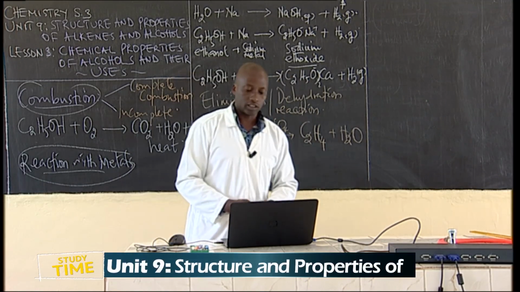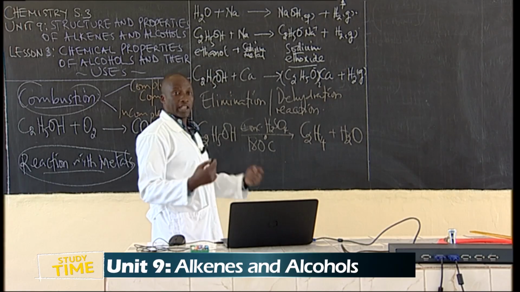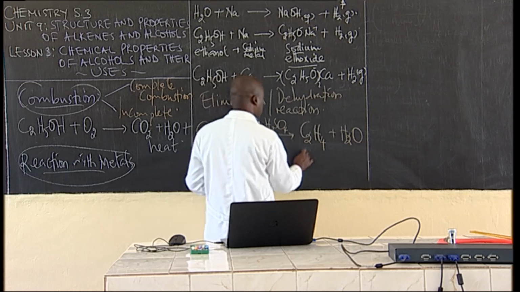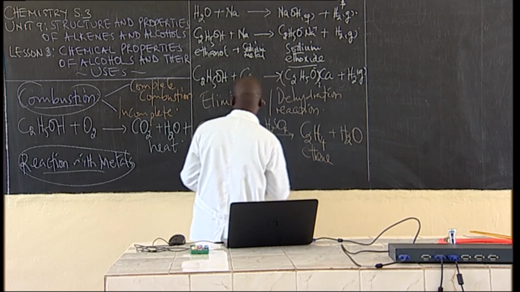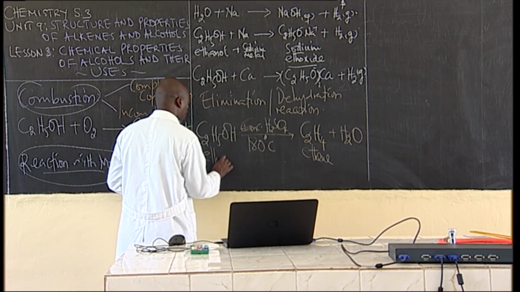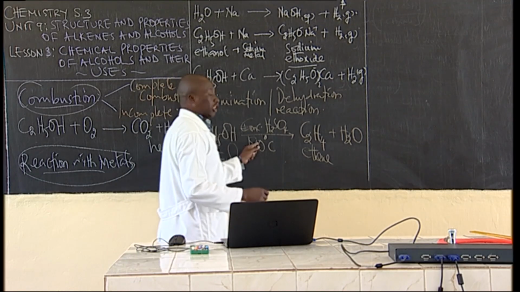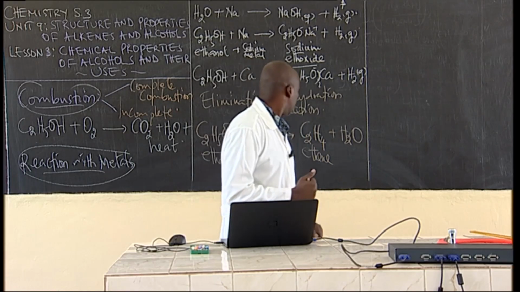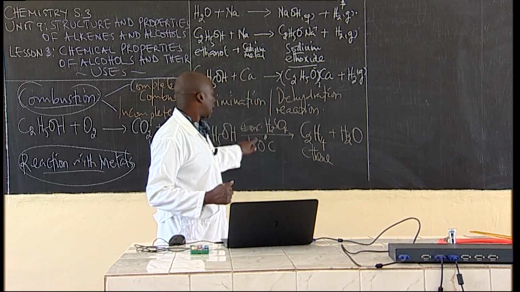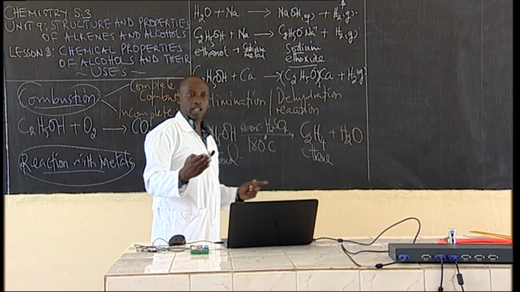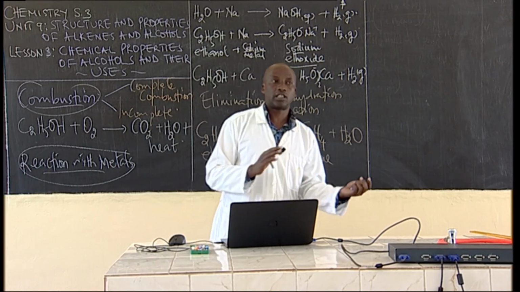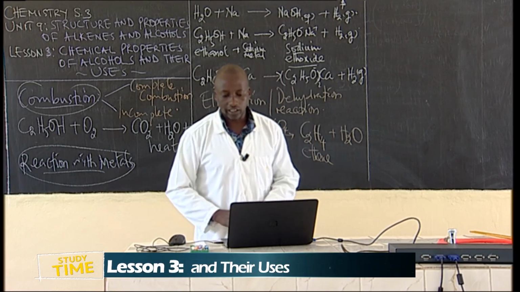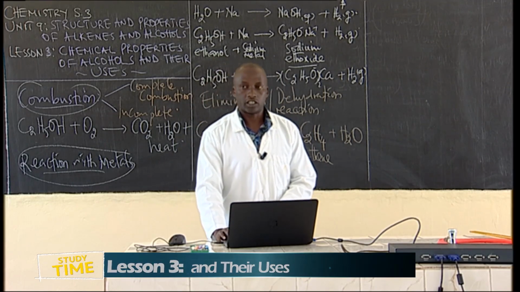That is why it is called an elimination reaction or dehydration reaction. So this is ethene, and this is ethanol. Those conditions are very important when such a reaction is discussed. At 180, in some other books you'll find the temperatures are between 170 to 180 degrees Celsius.